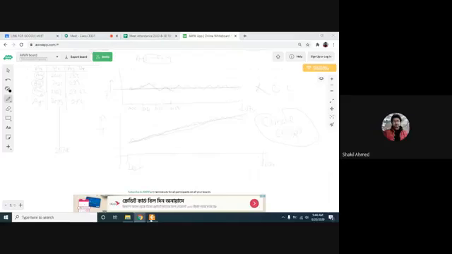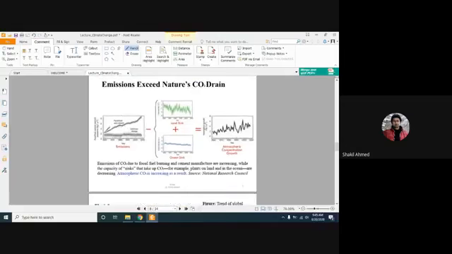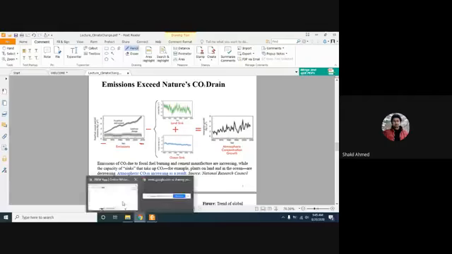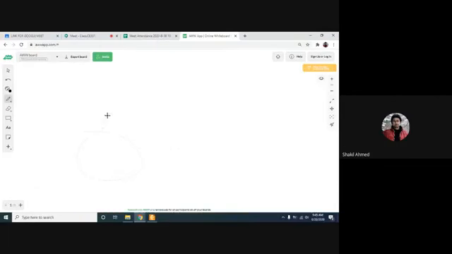So if you look, fossil fuel emission is increasing from 1960 to 2010. In the last 50 years, fossil fuel emission has been increasing. And there we are talking about the process where carbon dioxide is released from the earth.